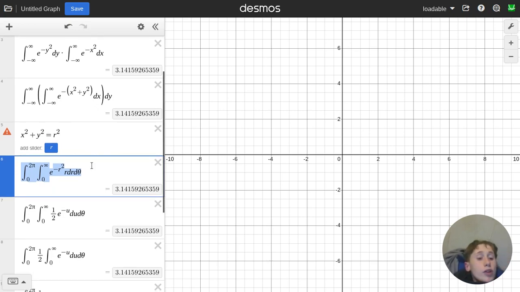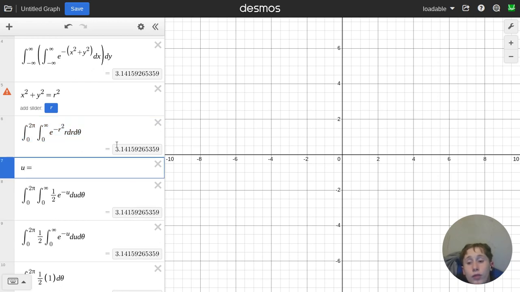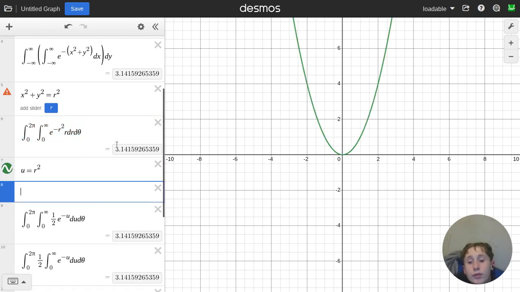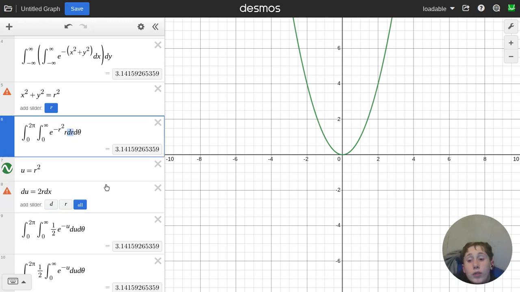We can then use u substitution to get rid of that r squared and turn it into u terms. So, first of all, u equals r squared, right? So du equals 2r dr. Well, if you remember beforehand, we had r dr. So what's that?